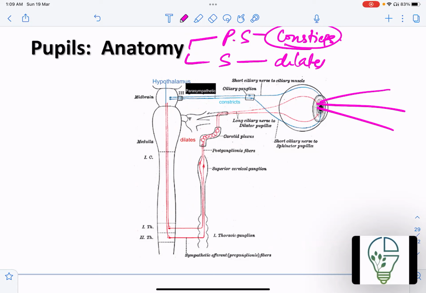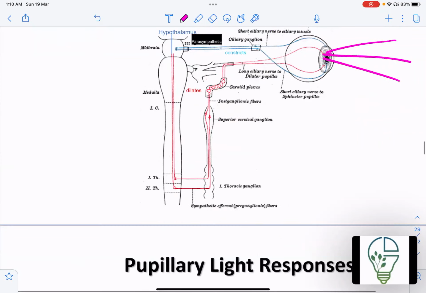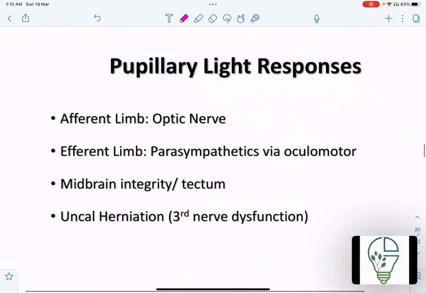For example, when there is increased adrenaline, or it's a sight to behold, or etc., the sympathetic is activated and the pupil is dilated. All right. This is the simplest way to understand the reflexes that involve the pupils. Here you can see the clearer diagram, but this is basically the most important thing you have to understand.